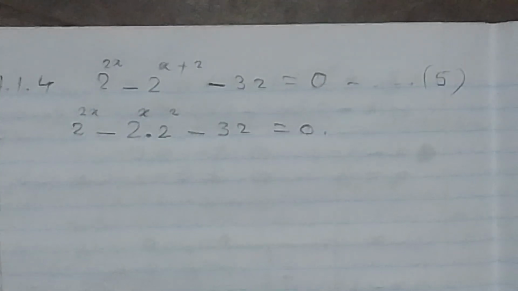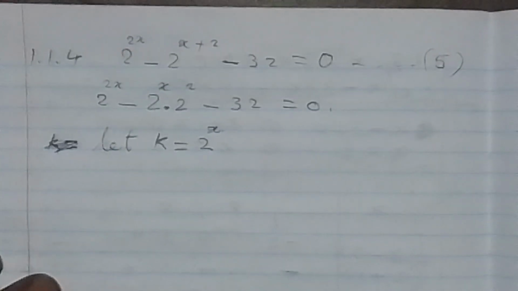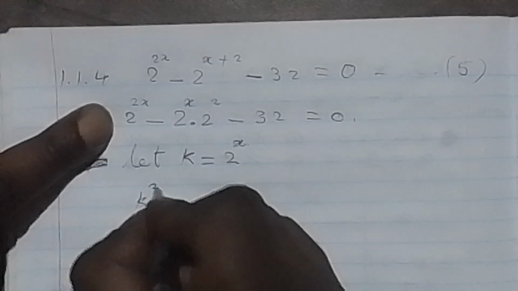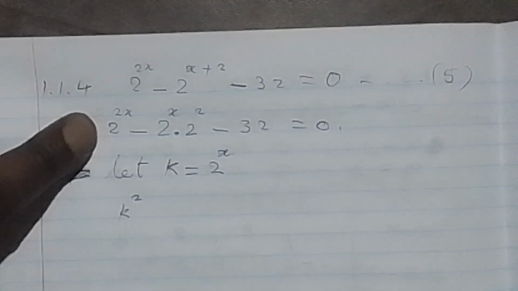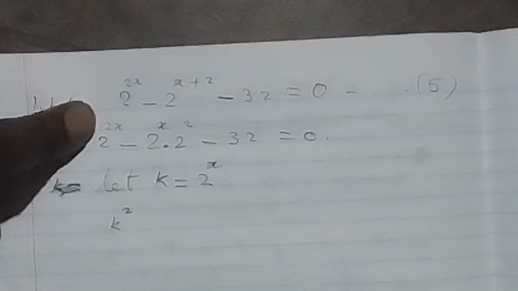Now you see this is 2 to the power x, this is 2 to the power 2x. So we can introduce a k method. Let k be equal to 2 to the power x. Now when we come here, it means k squared, because they are a square of x's.